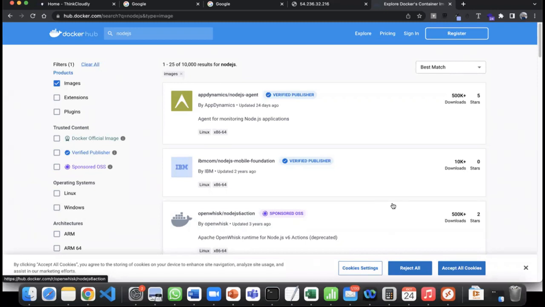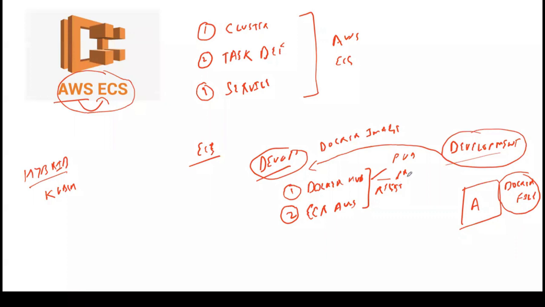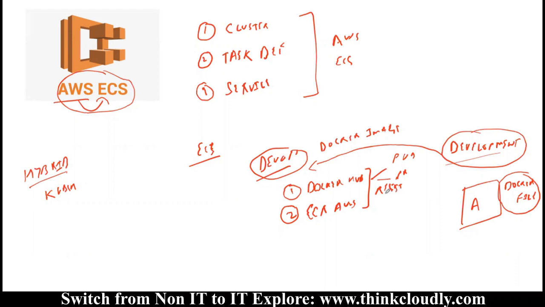Netflix will never expose its Netflix image, because if the image is exposed, anyone can create another Netflix. That's why private repositories are used by a lot of enterprises that don't want to expose their images. But some companies build images for public use, and at that time you use a public repository. So Docker Hub has both public and private repositories.